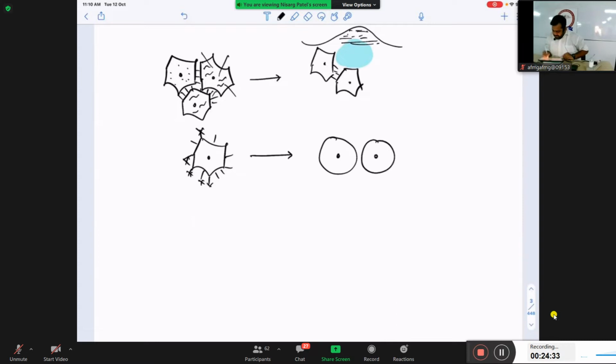If I have 2-3 cells together which have damage to the desmosome, all these cells will become round shaped, and because of this round shape, as you can see in this image, now I have an intercellular space, and in this intercellular space, fluid will accumulate, and because of this accumulation of fluid, the patient will come to me saying, doctor, I am having a large vesicle or a bulla on my body. Okay, so this is how this patient will present to you.